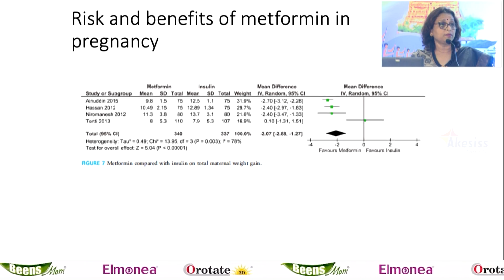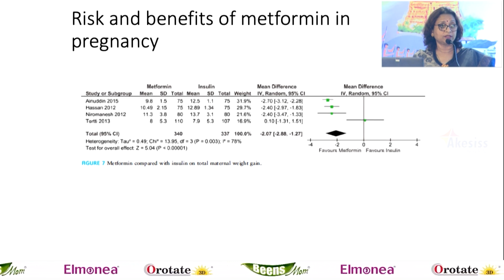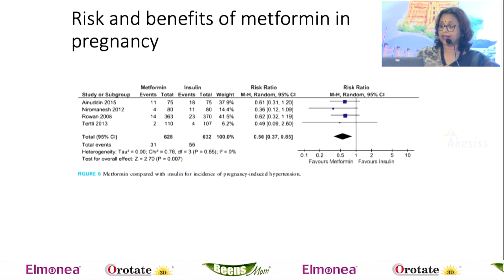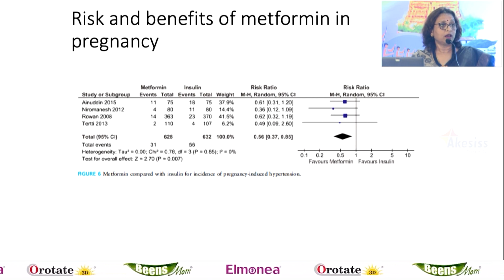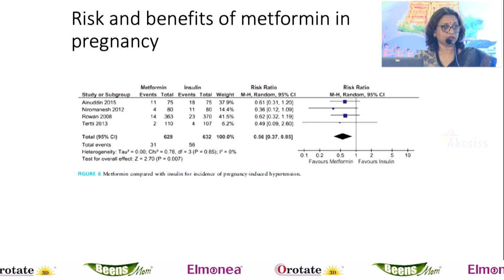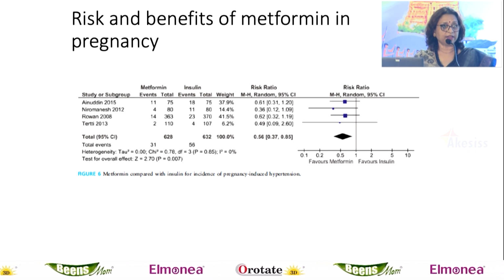And this is probably true of women who have more insulin resistance when they enter pregnancy, and also a tendency to reduce the incidence of hypertensive disorders in pregnancy. So these are the benefits.